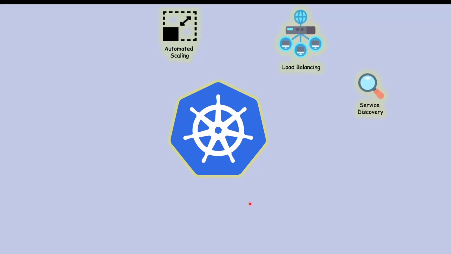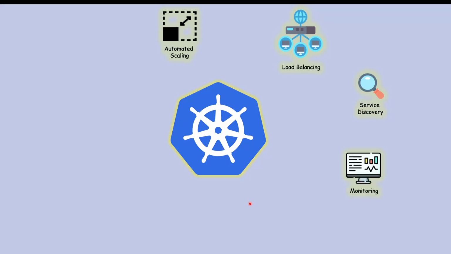Next is load balancing and service discovery. Kubernetes can expose any container application that you are running using the DNS name or their own IP addresses through mechanisms or objects called services. If traffic to a container is high, Kubernetes is able to load balance and distribute the network traffic as per the backend application's capabilities.